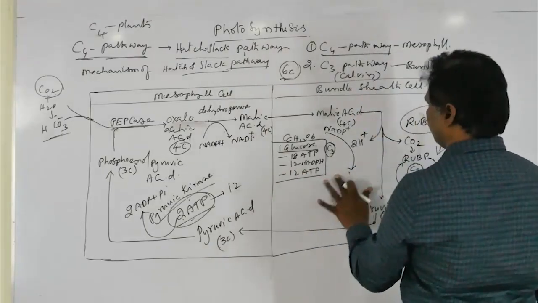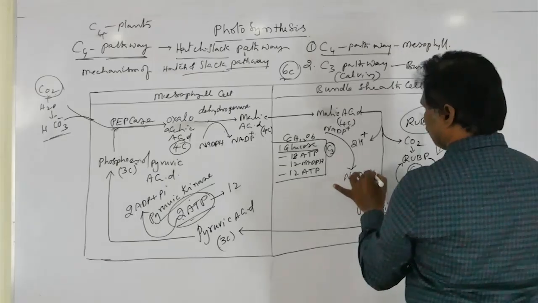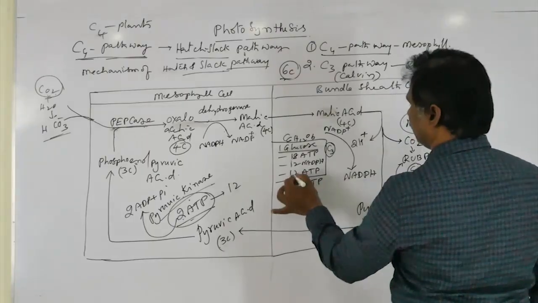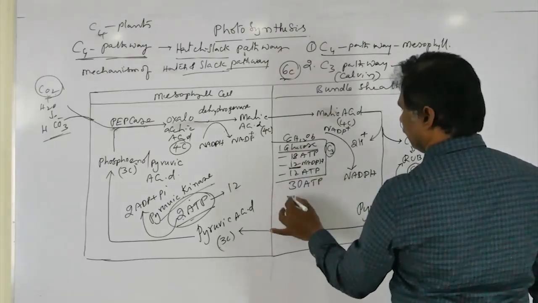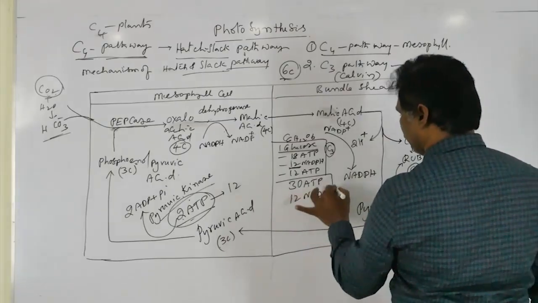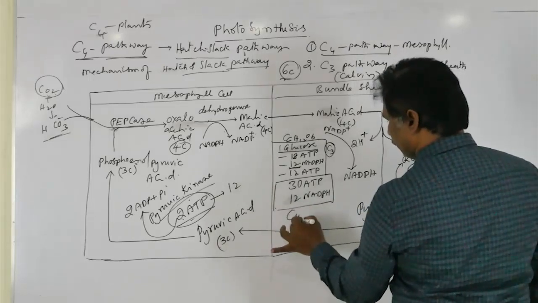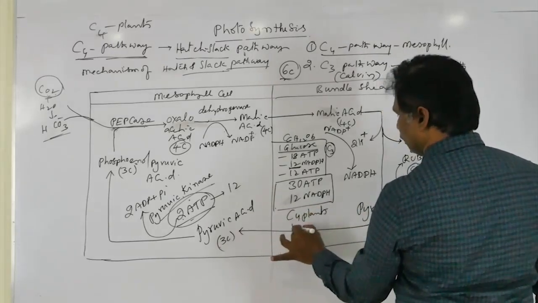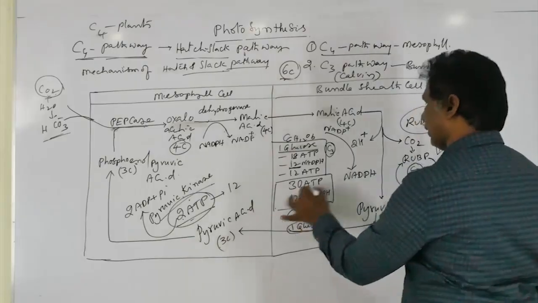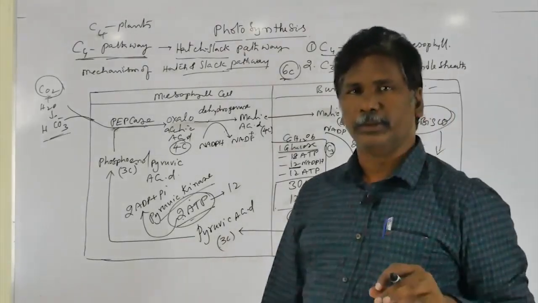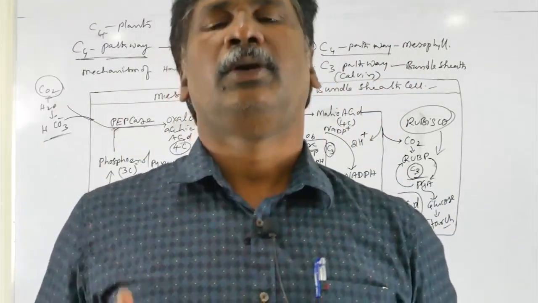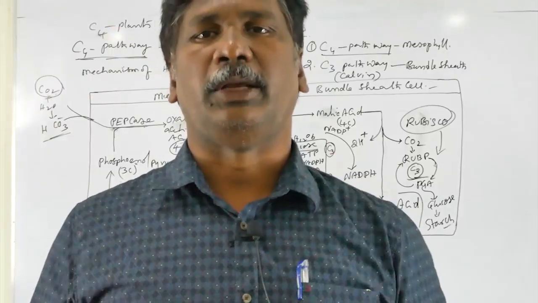So the total number of ATP is 18 plus 12, total 30 ATP and 12 NADPH assimilatory power is required in C4 plants for 1 glucose molecule. So that is the additional ATP. Think about the total ATP for 1 glucose: in C4 plants, to form 1 glucose molecule, how many ATP are required?